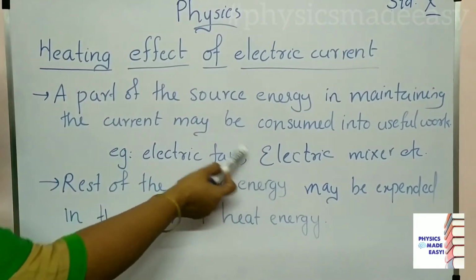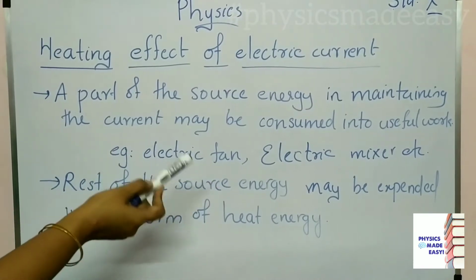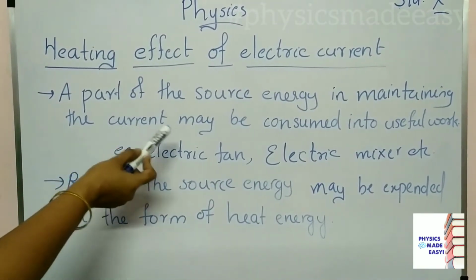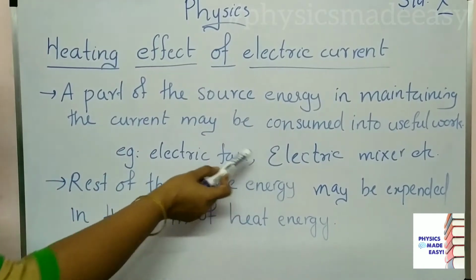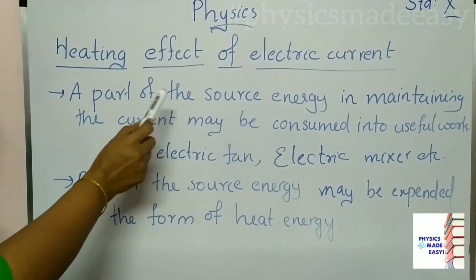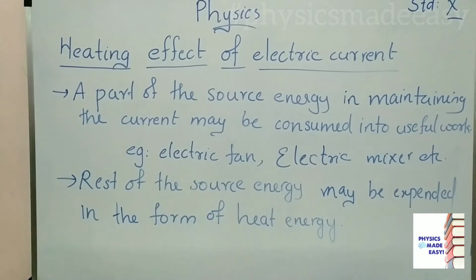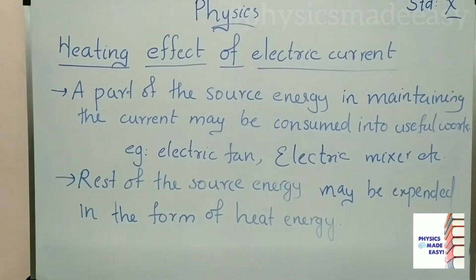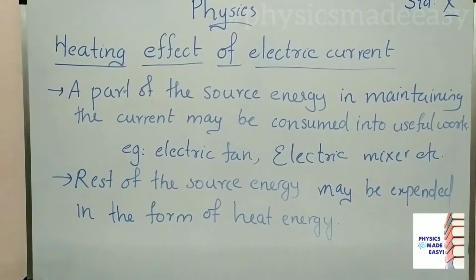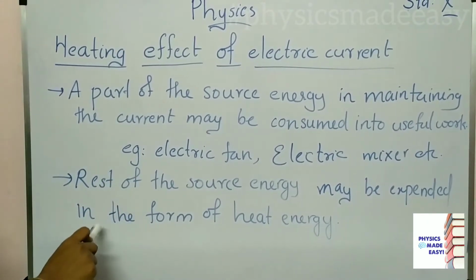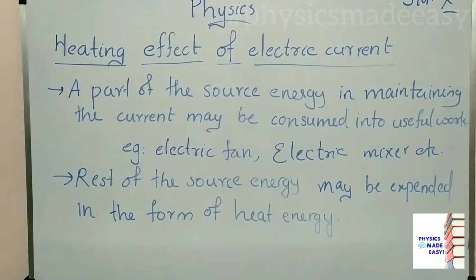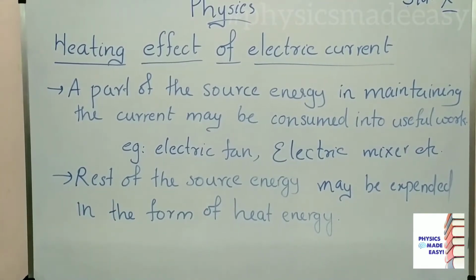Like that, another example, electric mixer. So we can say battery is providing that energy there, that we are getting in the form of this mechanical energy. So we can say part of the source energy which is maintaining current in the circuit, that is consumed as that work there. Okay, then rest of the source energy may be expended in the form of heat energy. If you are using electric mixer, after some time if you are touching that, you can feel warm there.